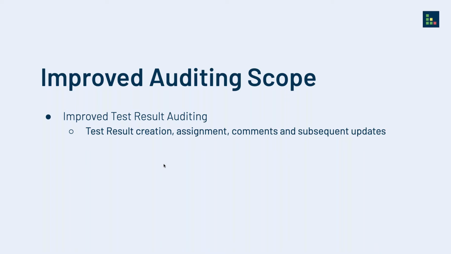And you can also more easily see what updates are being made in your test runs. So when tests are being created as part of a test plan and run generation, when they're being assigned, commented on, or when any other update to your tests, including the addition of defects, etc.